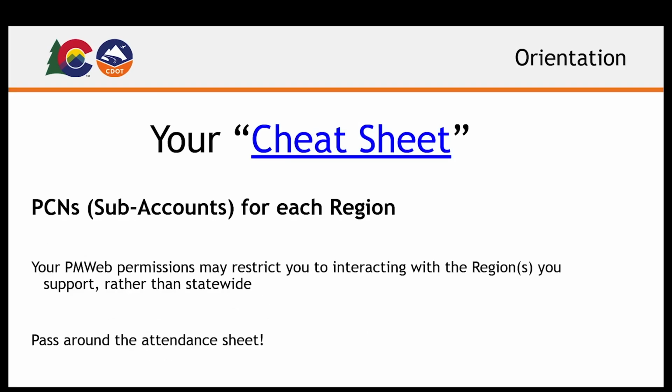Something we want to make sure that you are aware of is the cheat sheet, which basically has a selection of project subaccounts or PCNs for each individual region. And the reason why we give you this cheat sheet is because PMWeb is a permissions-based software. And what that means is that different users and different user groups, different categories of users, are going to have different permissions assigned to your login credentials.